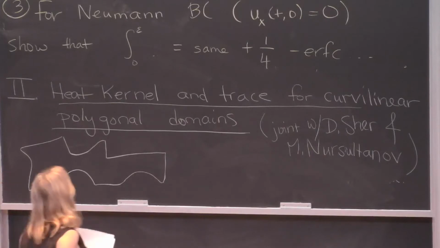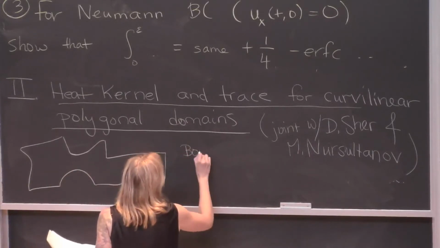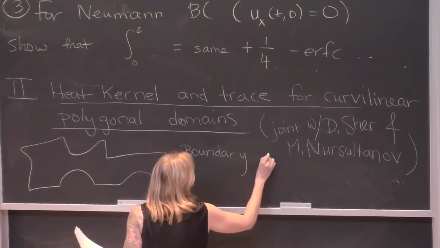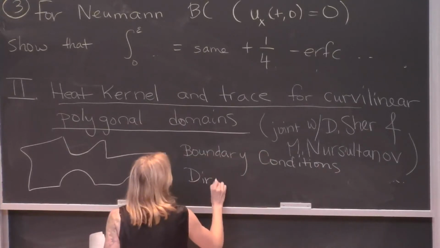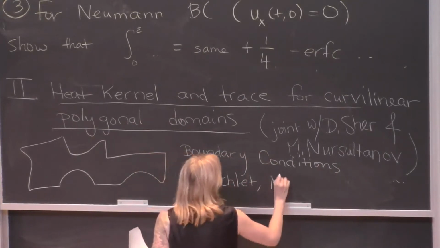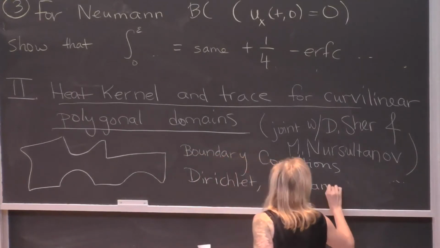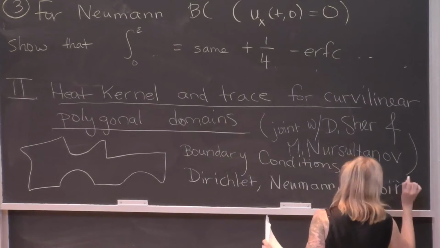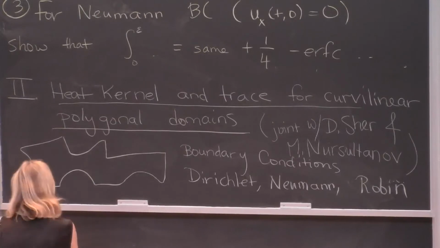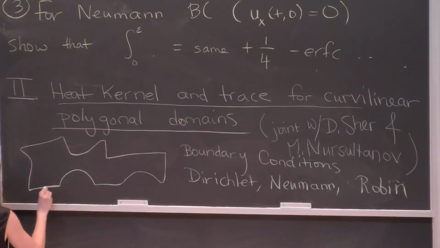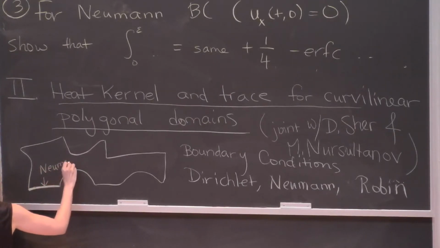Okay, so, and then I want to consider in this work, we do allow Dirichlet, Neumann and Robin boundary conditions. And we want to allow all three of them. In this talk though, I'm just going to focus on Dirichlet and Neumann. So we could have, for example, Neumann over here.